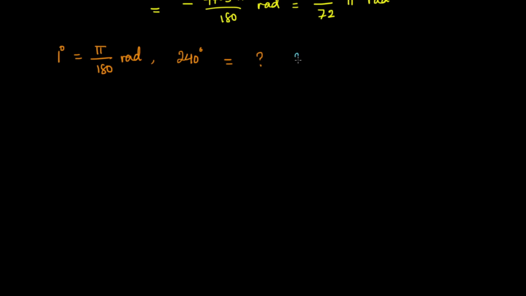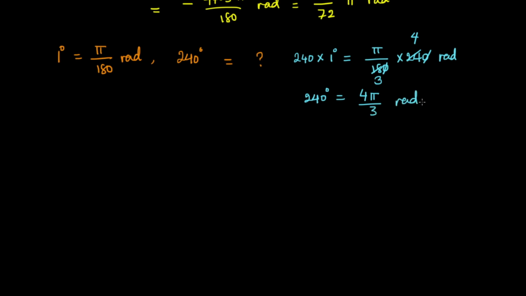So 240 times 1 degree is equal to pi by 180 times 240 radians, right? Now finally we get 240 degrees is equal to, you can cancel by 6, so you have 4 by 3, so you get 4 pi by 3 radians. Okay, let's move on to the final one.